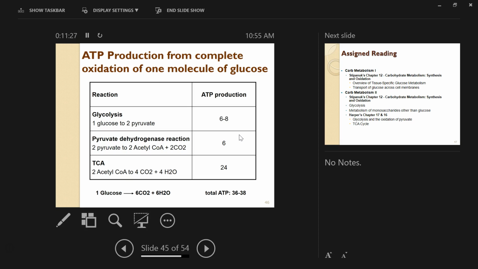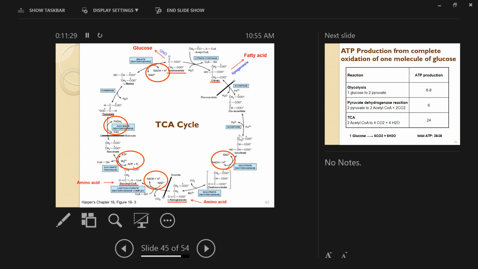So if we go back to the TCA cycle, you can see that one ATP molecule is produced in the TCA cycle at the substrate-level phosphorylation.